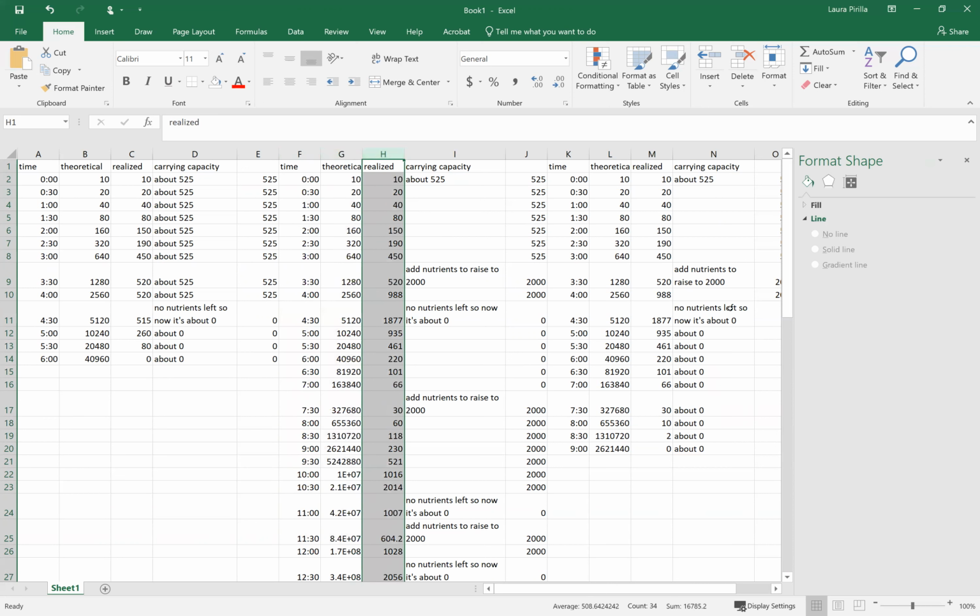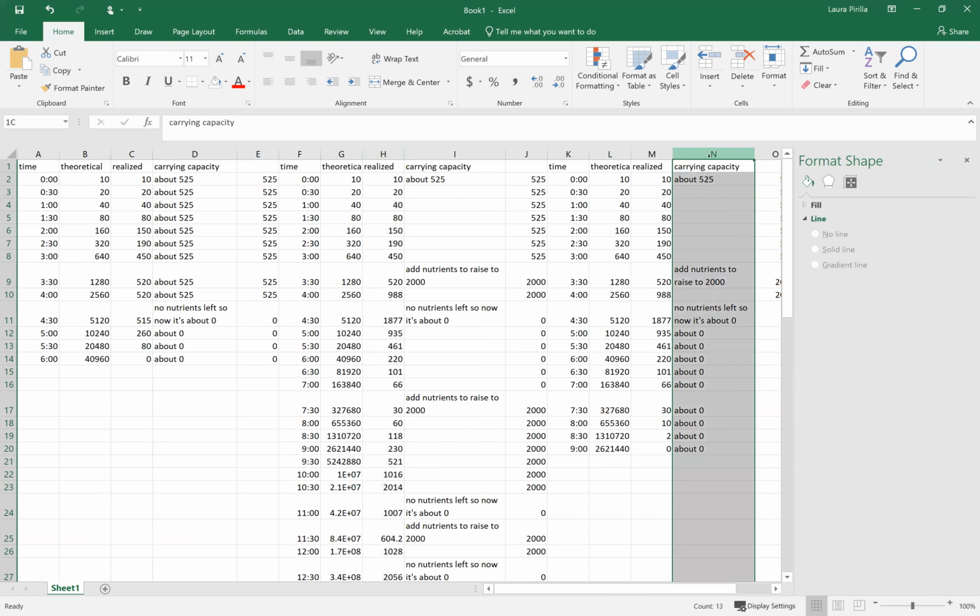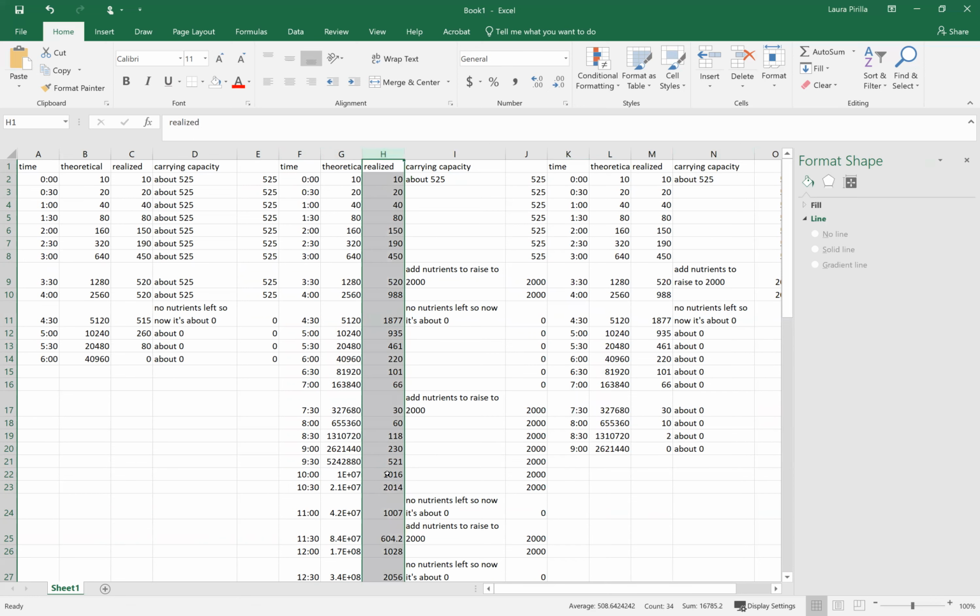I just used this same data from this experiment over here and extrapolated some numbers beyond the 9-hour mark and what would happen if you're adding the nutrition that would raise the carrying capacity to 2,000. And I just picked that as, we're going to use the same amount as we did in this one, but instead of adding it only once, we're going to add it every 4 hours. So we're going to see if we can sustain this culture by adding more nutrition regularly.